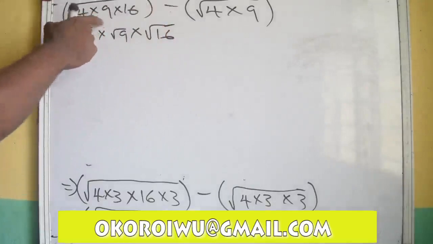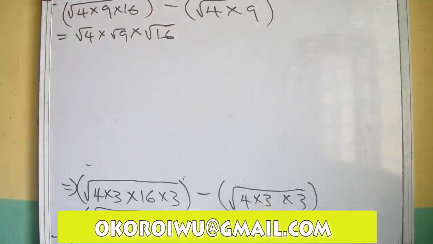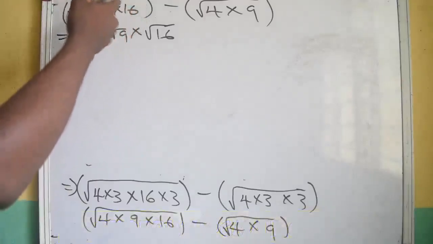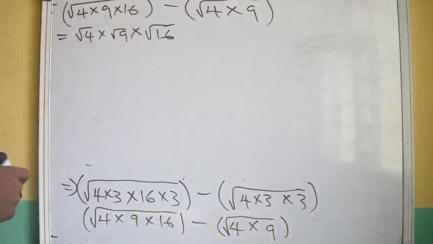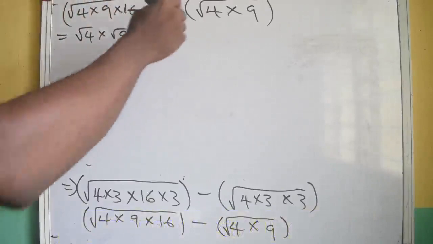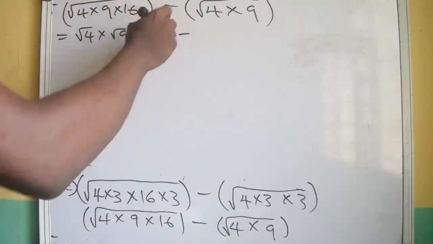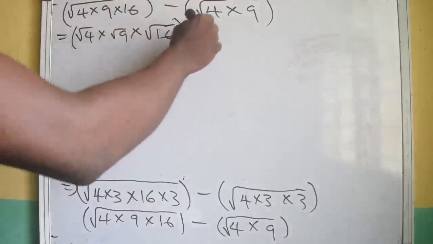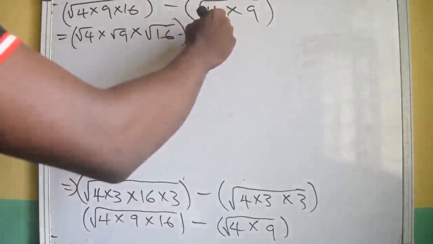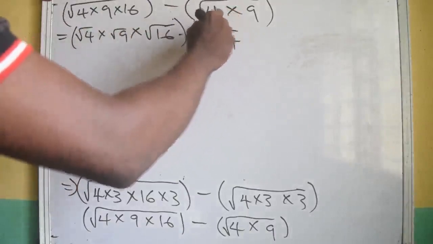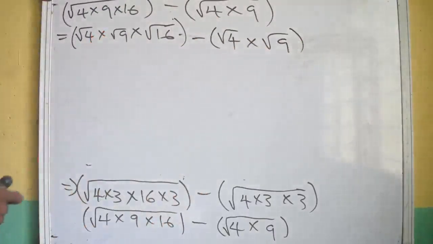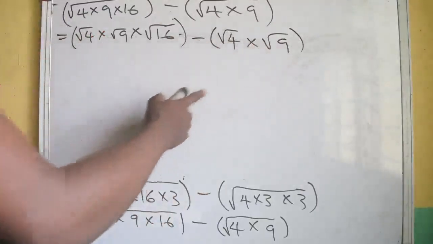If you can recall the operations of surd, the time I treated the multiplication of surd, I mean the operation of surd that has to do with multiplication. So minus, let us put our bracket to separate this, minus root of 4 multiplied by root of 9. If that is the case, everything inside here is a perfect square.